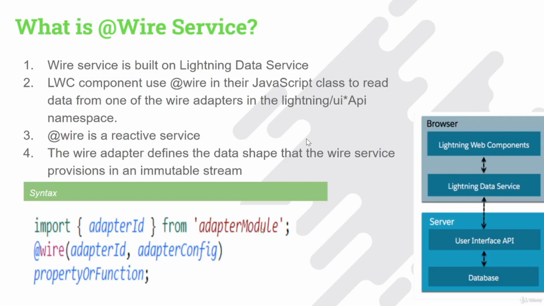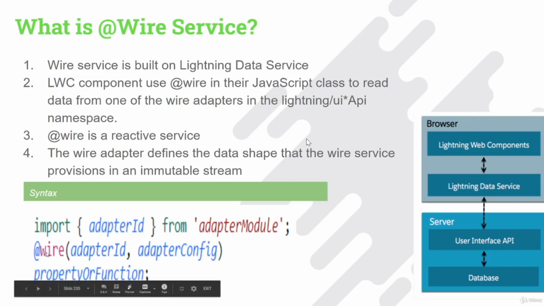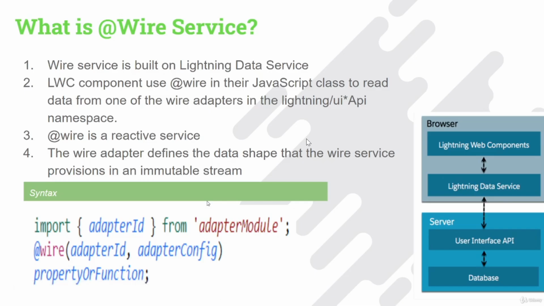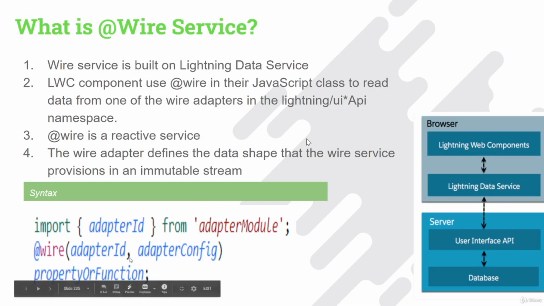From those modules we will import some adapter or function, and we will pass that adapter to @wire, and to use @wire we have to import wire, as we'll see. Here we'll pass some configuration. Once the service hits the backend and brings the data, we need someone to listen to the data, and for that we can use a property or a function.